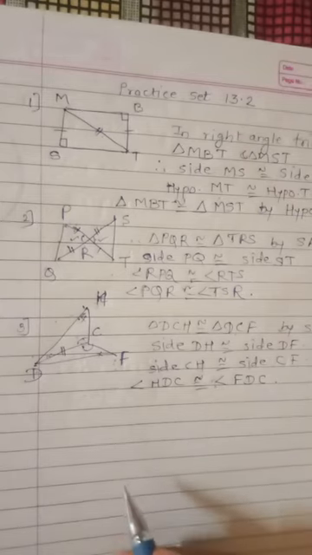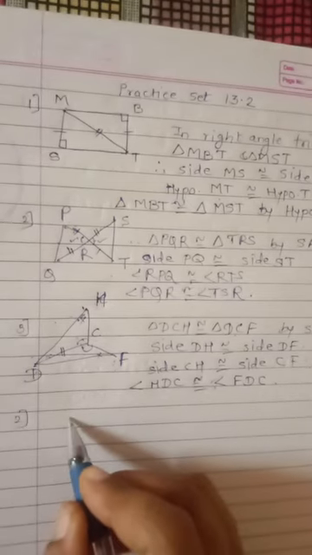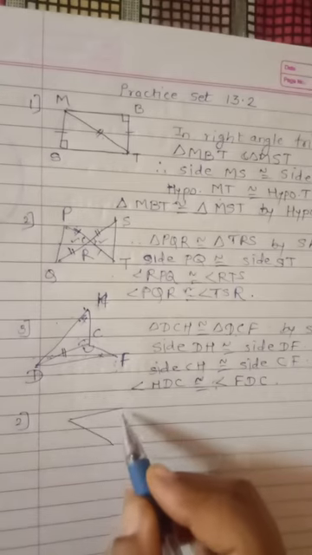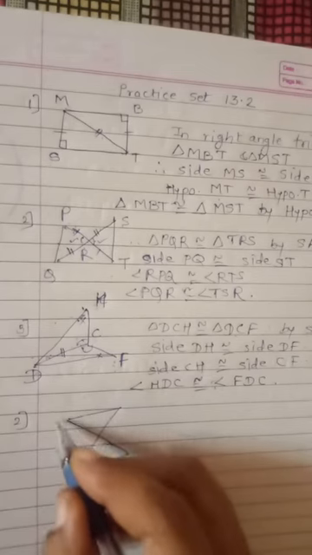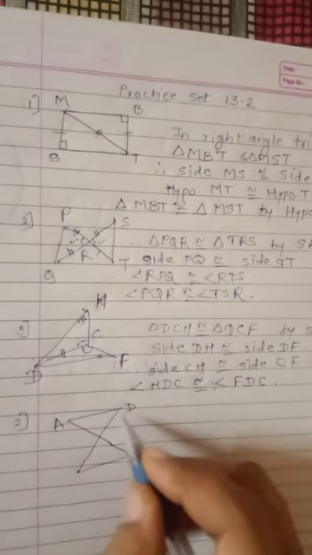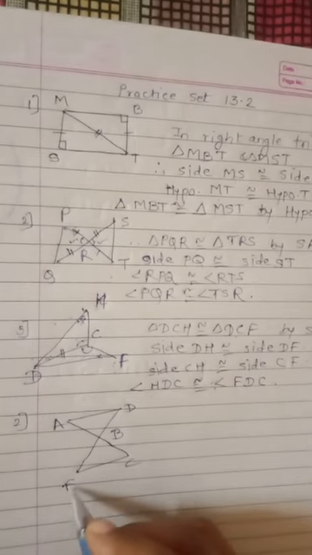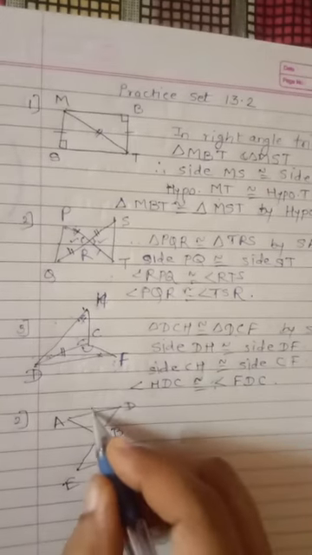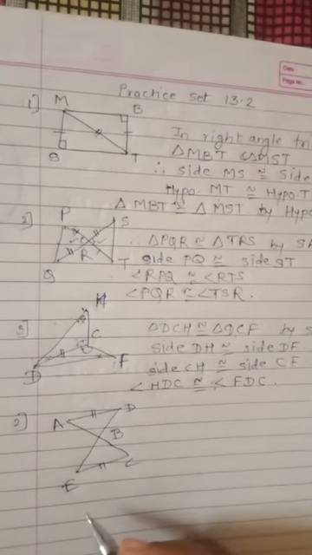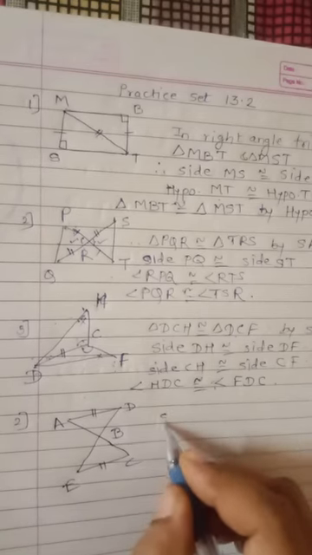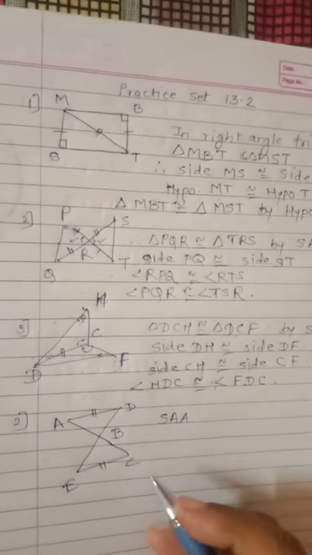In question 2, the second question, the figure is like this. ADB triangle and CEB triangle. In this, this side is congruent to this side, and we have to tell which side.